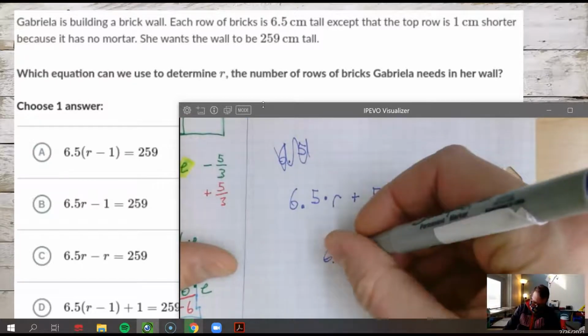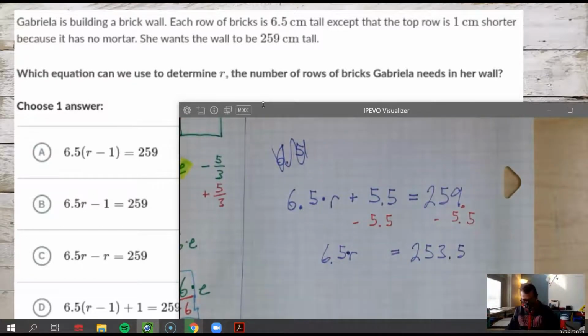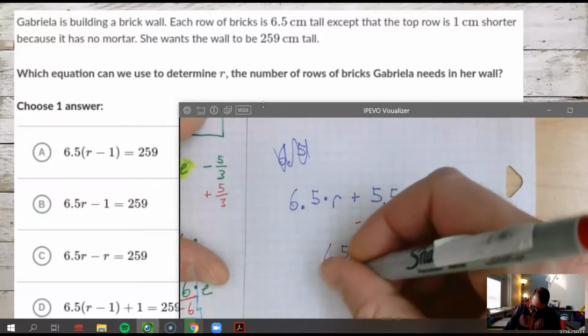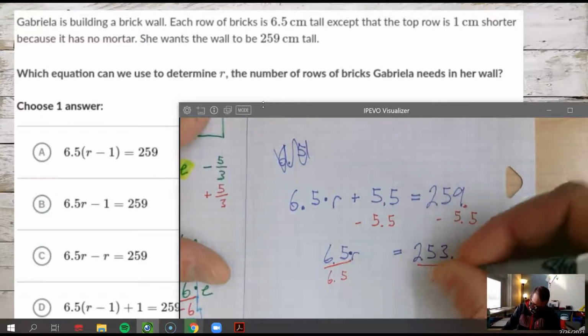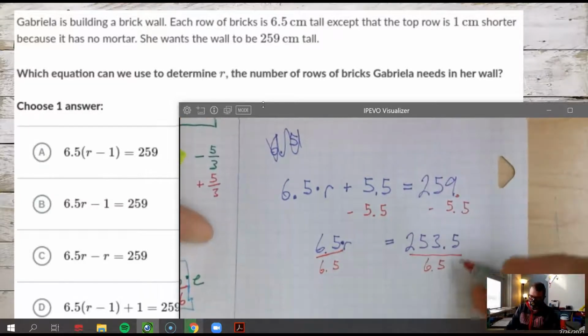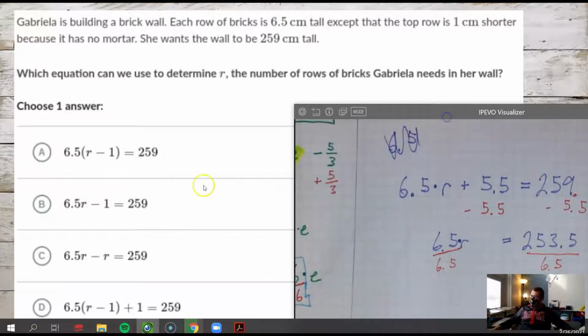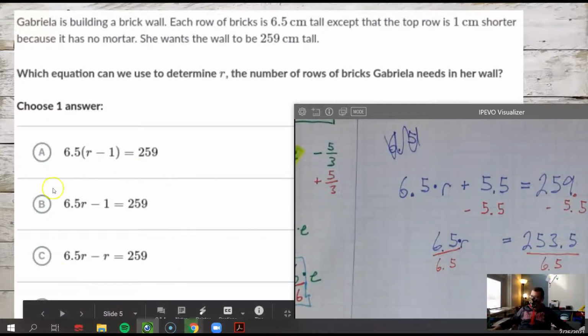Then, how we undo this multiplication is by doing division. Now that you would need a calculator for. But it actually did not ask us to solve. It asked us which of these would make sense.